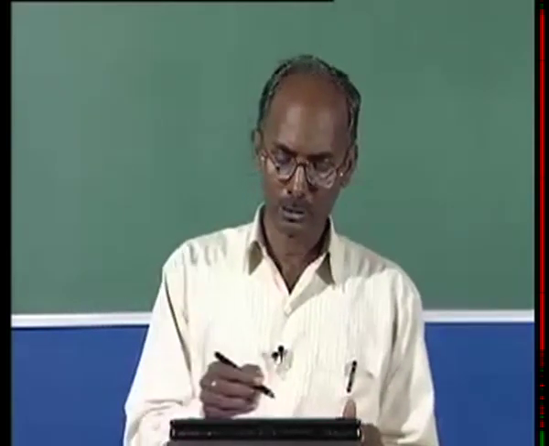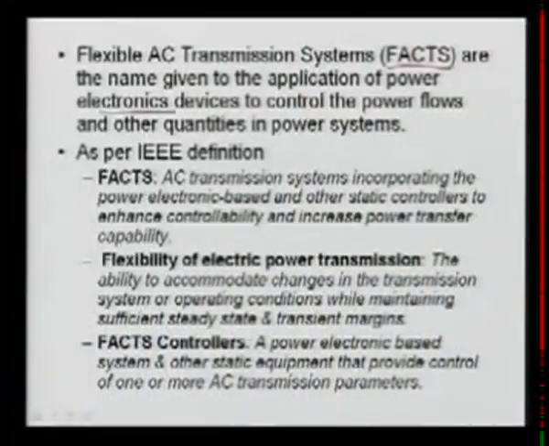The key term here is power electronics devices. For example, if you are using a simple capacitor with a mechanical switch, this is not a FACTS device. But if you are using a thyristor switch, some switching mechanism based on power electronic devices, then this device is known as a FACTS device.